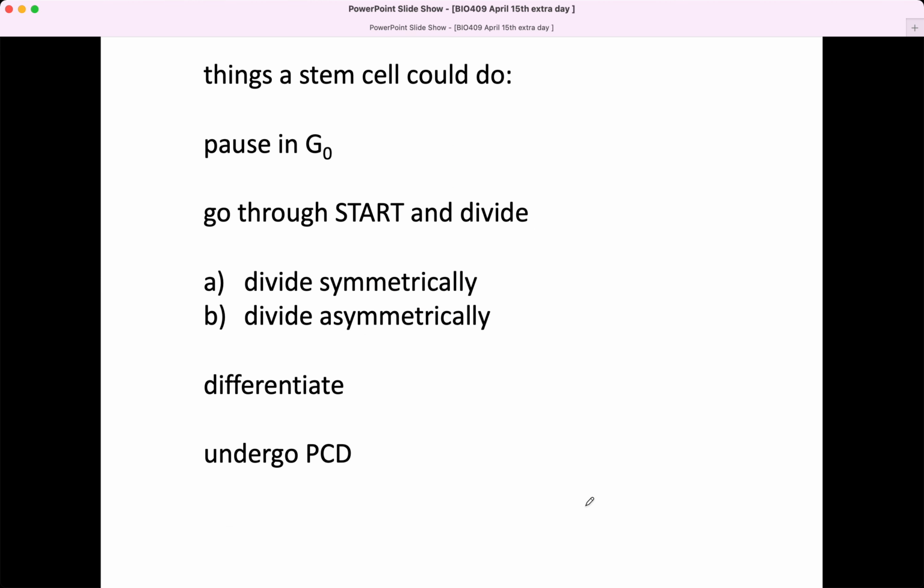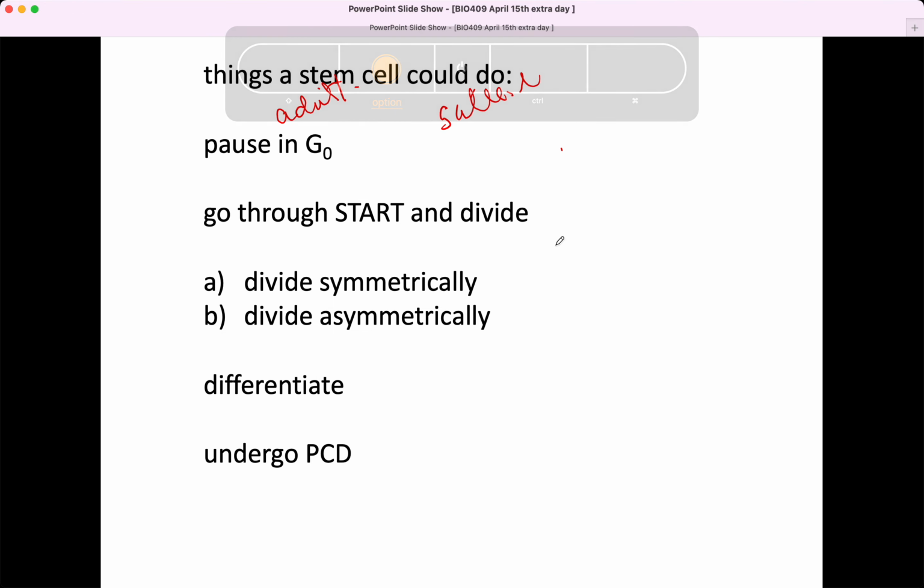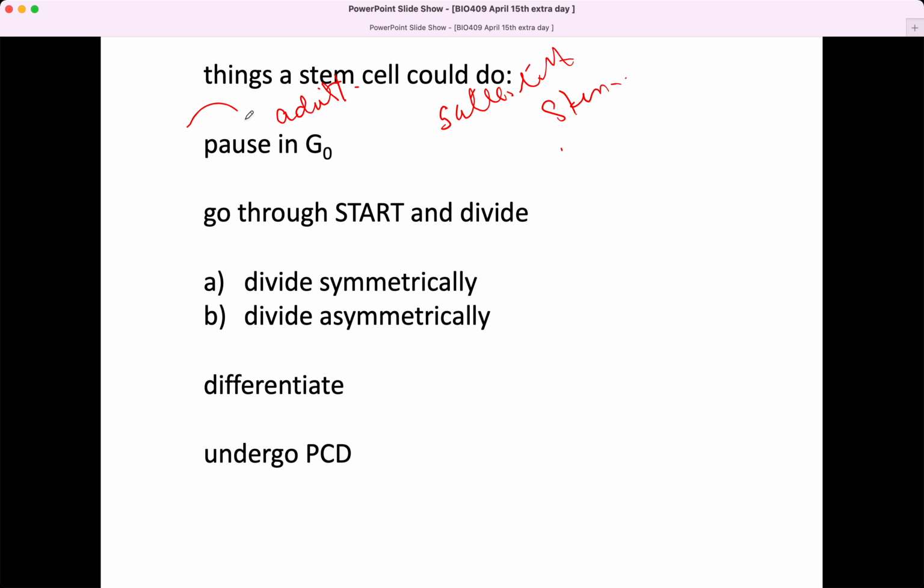Okay, and so the next thing to say is that when we're talking about adult stem cells, these are the options that a stem cell has. So we can think of our favorite one, a satellite stem cell, and what that cell could do. So the first thing is that right now they're all paused in G0.